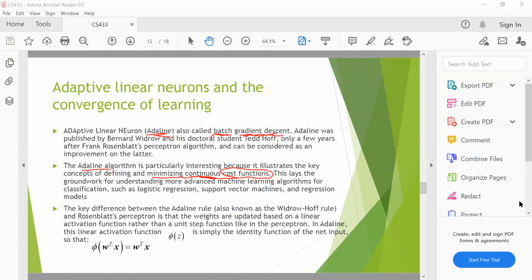And like over here, it's explained, it lays the foundation for other advanced algorithms like logistic regression and support vector machine. Okay. And that's the key difference between Adaline and perceptron: perceptron relies on the unit step function.